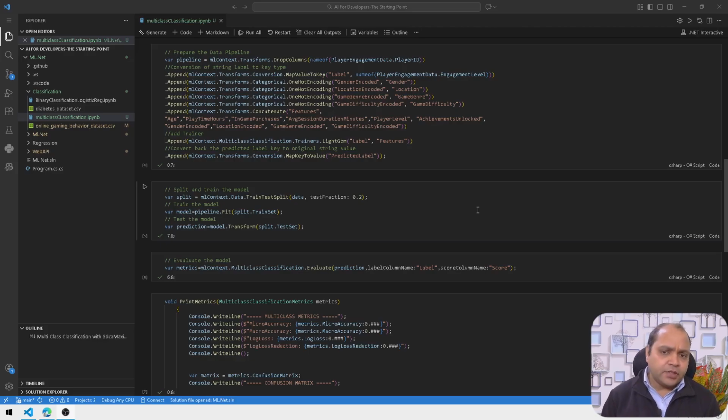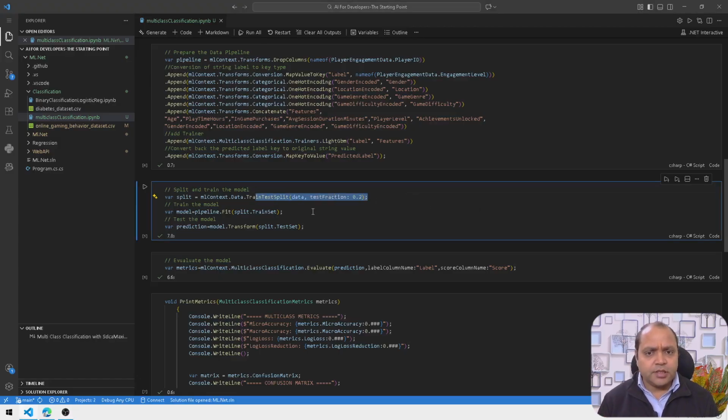Once your pipeline is ready, use the data set for training and testing, and it is up to you what ratio you want to use for training and testing. As you can see in this line, we keep 20% of the data for testing and 80% for training. It's up to you based on your demand. Once you've done this, you've already done your job.